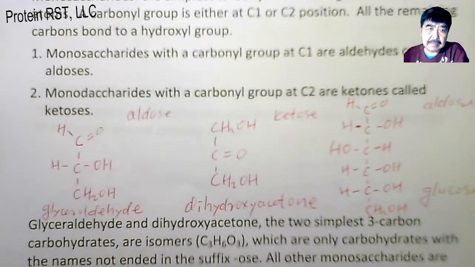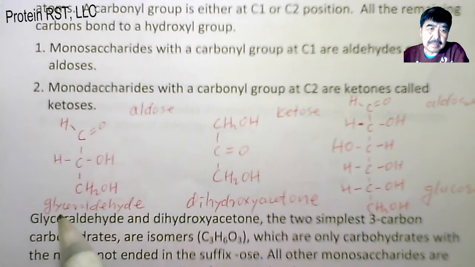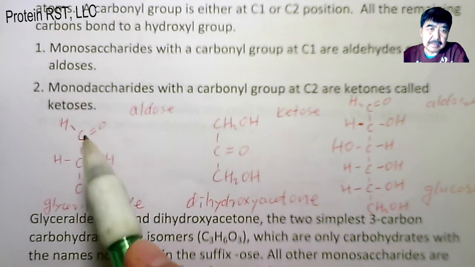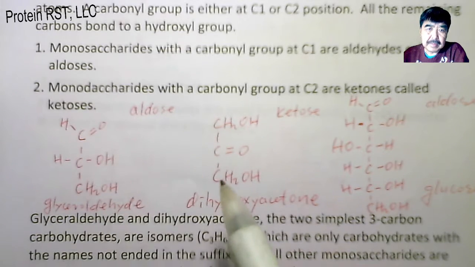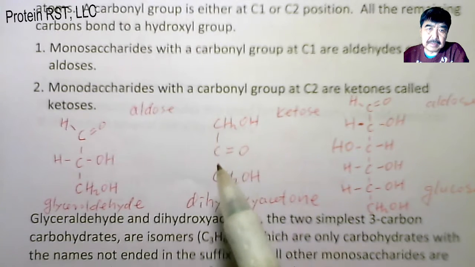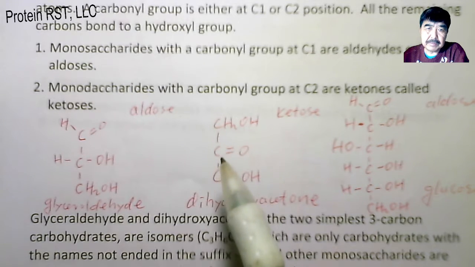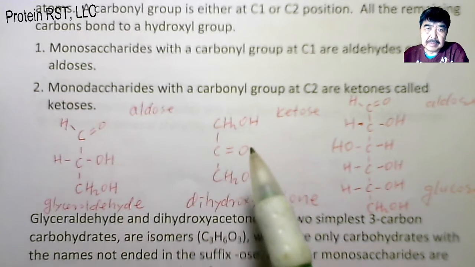Here we have 3 examples. The first one is called glyceraldehyde, a 3 carbon sugar with the carbonyl group at C1 position. The second one is dihydroxyacetone, also a 3 carbon sugar. The carbonyl group at the C2 position is a ketone, a ketose.